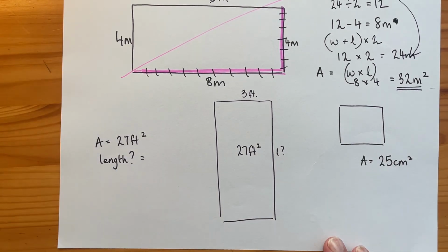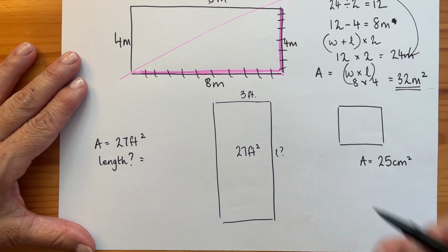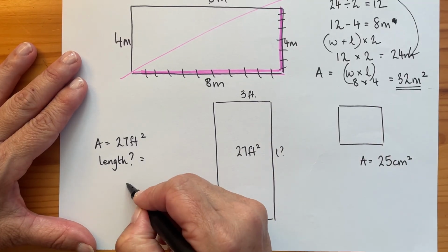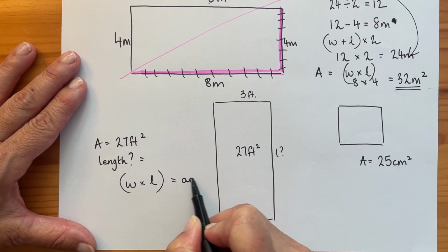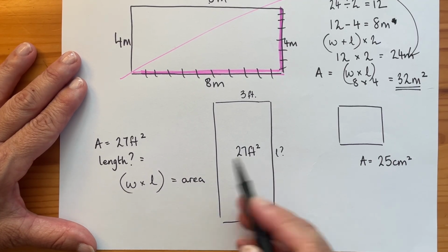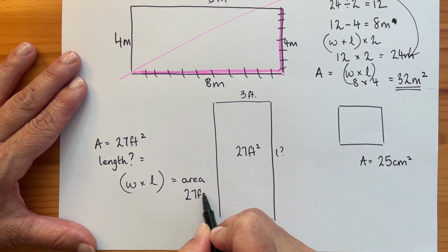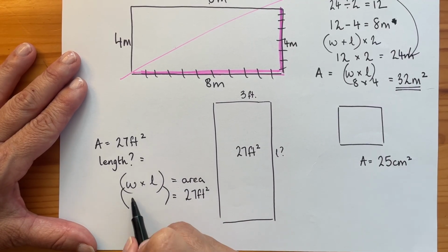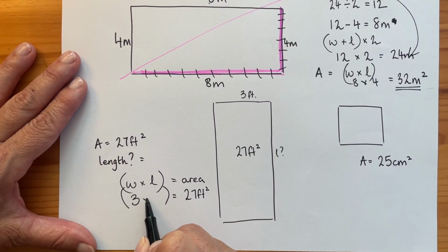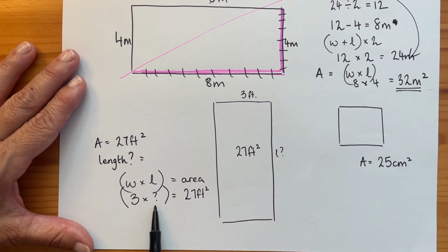Do I have enough information? Well, of course I do, because I know that the width times the length is the area, right? And in this case, the area is 27 feet squared. And I know that my width is 3. The only thing that's missing is my length.